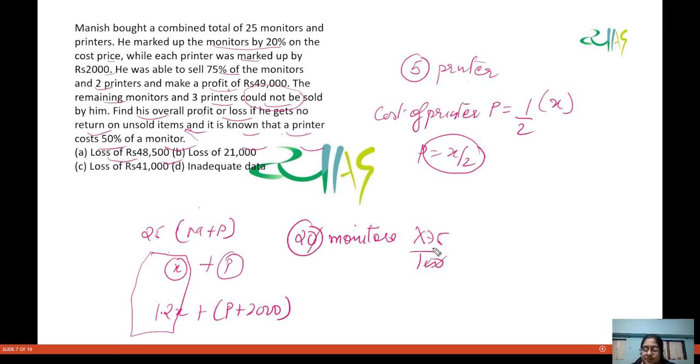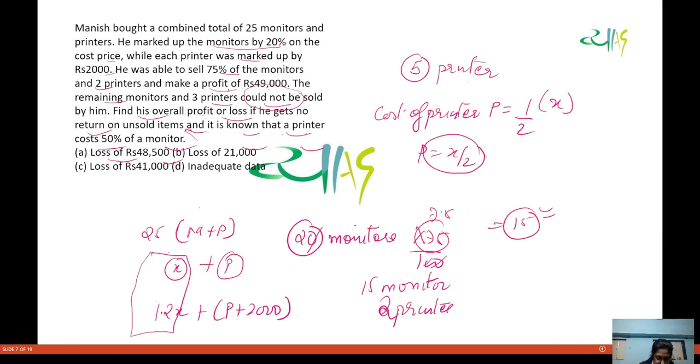So that means this comes to how much? This will become 7.5, and 2 into 7.5 is how much? 15. So that means 15 monitors were sold. Okay, and how many printers were sold? Two printers, it is already saying. Two printers were sold.